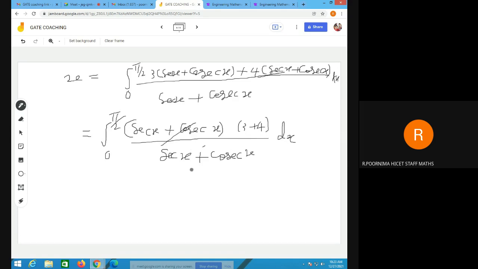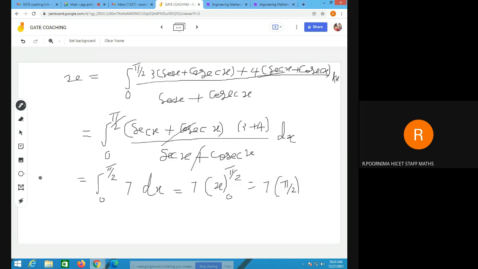This secant x plus cosecant x gets cancelled, so inside the integral you get 7 into dx. The integral of dx is x with limit 0 to pi by 2, so substituting the upper limit you get 7 into pi by 2.